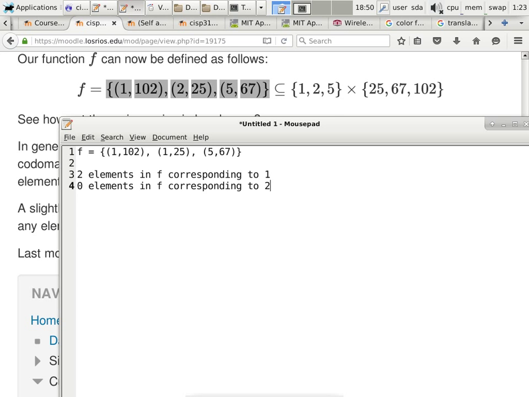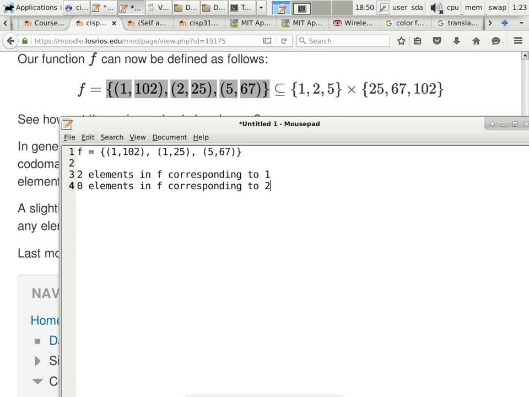Yep. So according to Pigeonhole, there has to be fewer elements in the codomain. Nope. There's no rule saying that. There is no rule saying that you have to use everything in the codomain. So you can have lots of stuff in the codomain, just not used.